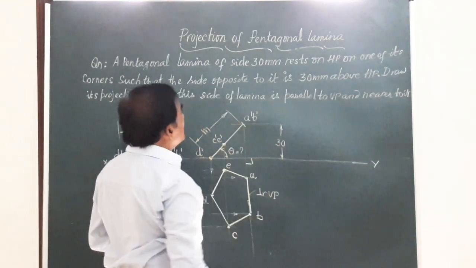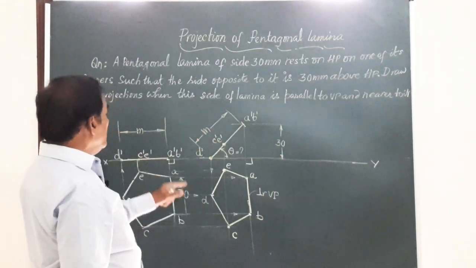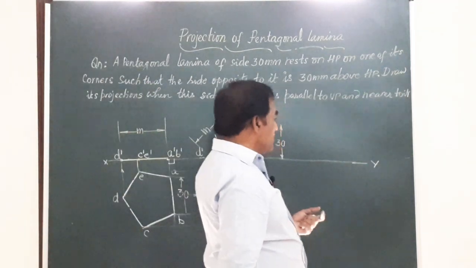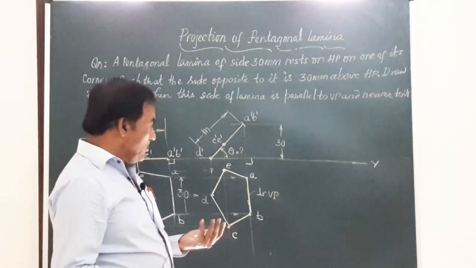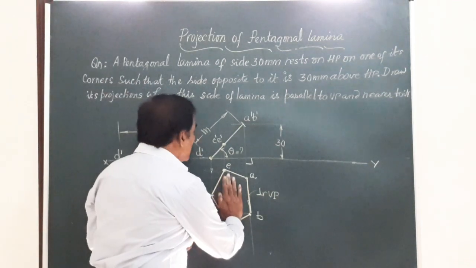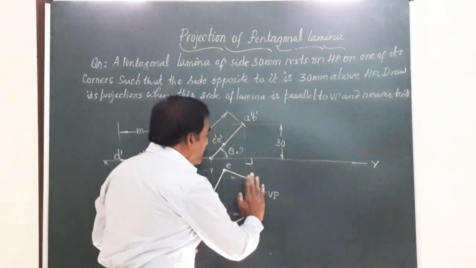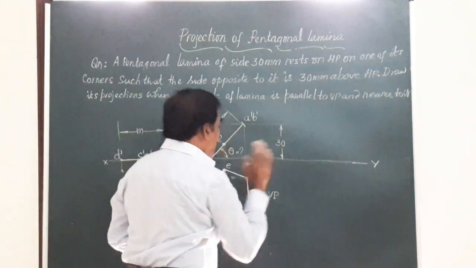But in the question he says that side has to be parallel to VP and nearer to it. Friends, now the figure whatever you have got here is to be redrawn such that that side AB which is vertical now should become horizontal.